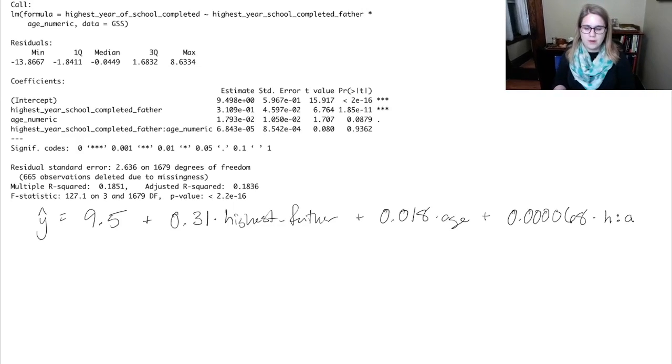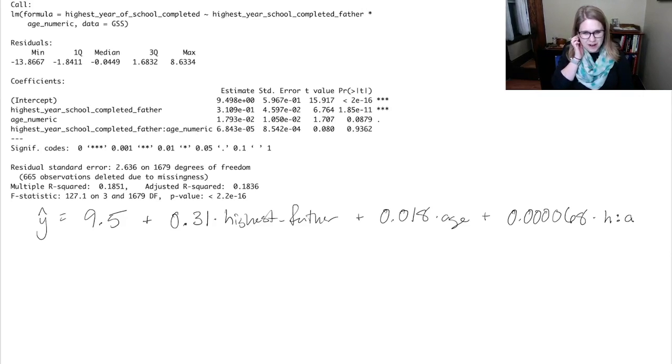I think we know how to interpret the standard coefficients. In this model, for a 1-year increase in the amount of school your dad did, we'd expect your number of years of school to go up by 0.31 years. For every year of age increase, we'd expect your years of school to go up by 0.018 years.